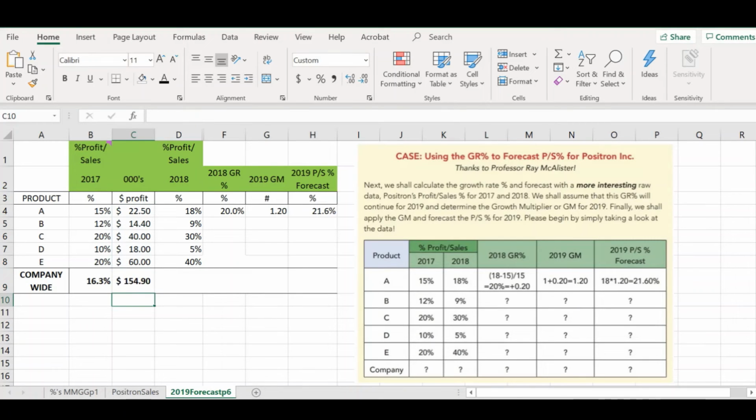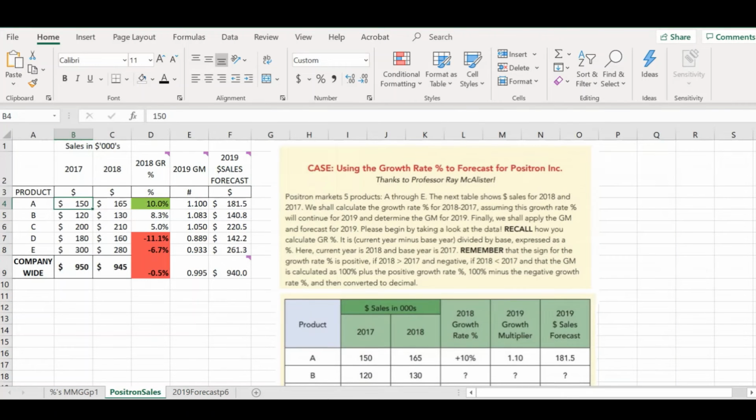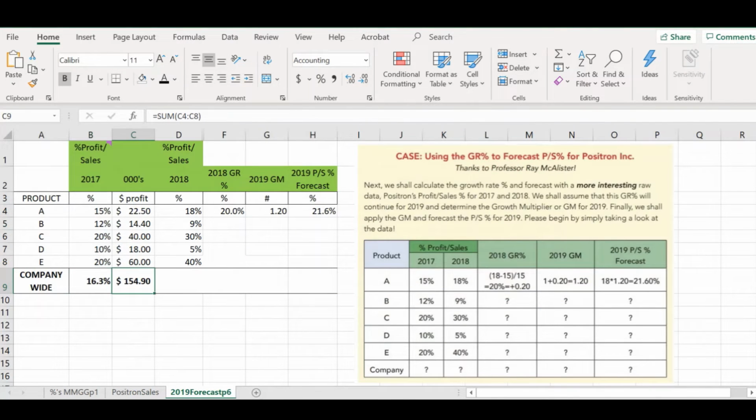Then I need to take that total and divide it by my total revenue, because this is total profitability company-wide, and I did not know what that percentage was for the entire company. What was our percent profitability? So it looks like every time we had sales of $1, we made 16 cents.